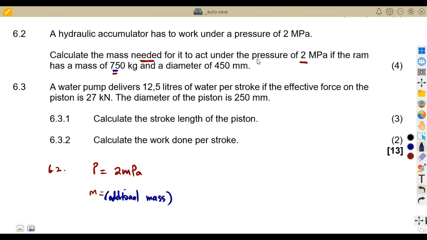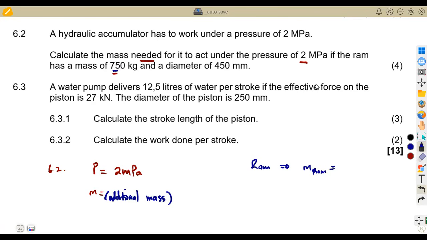It represents the additional mass needed to operate under the 2 megapascal pressure that we are given, given the information about the ram. Let me just use M ram like this so that we do not confuse the additional mass and the mass of the ram.